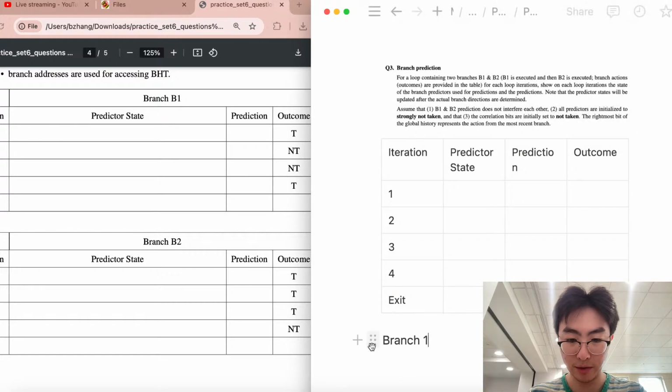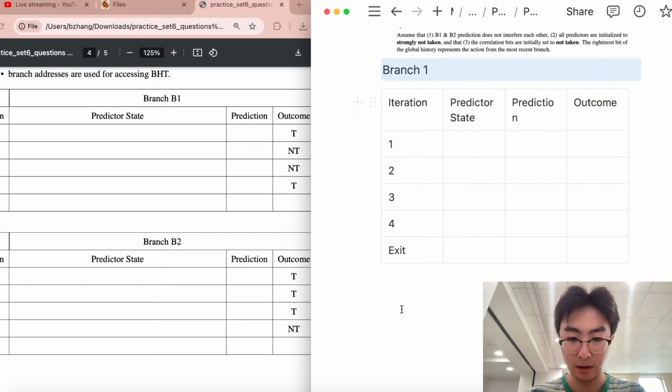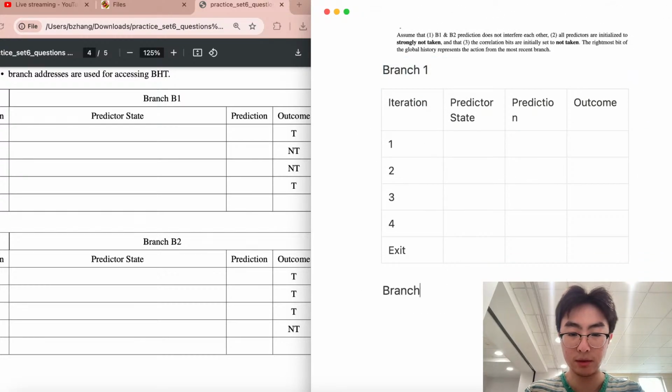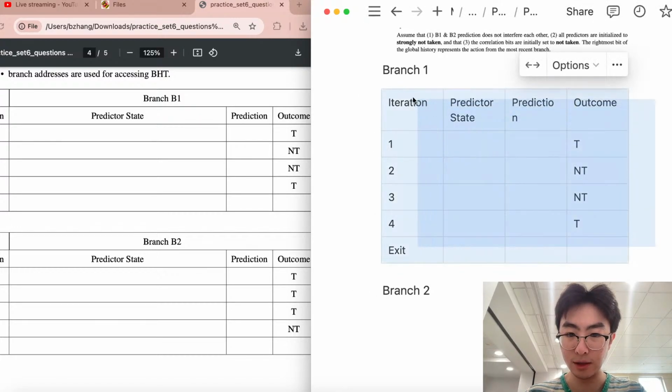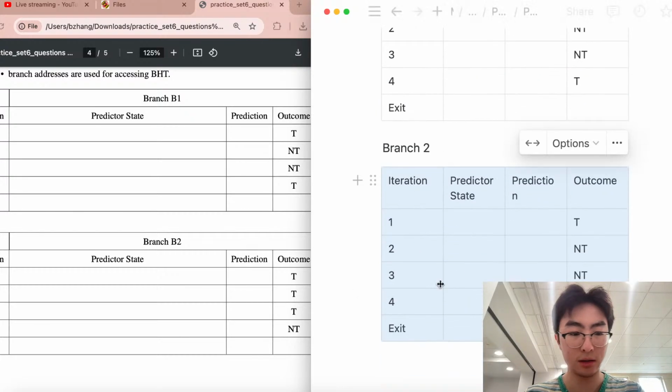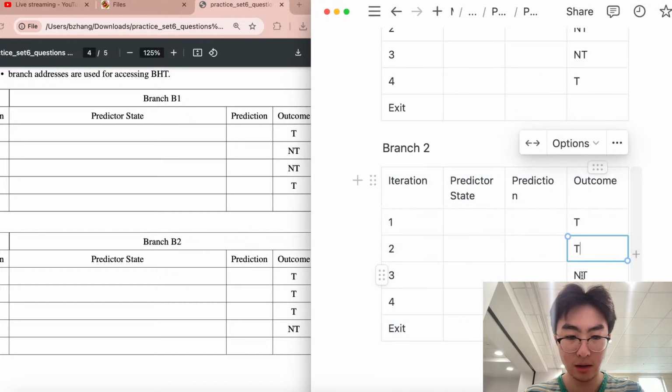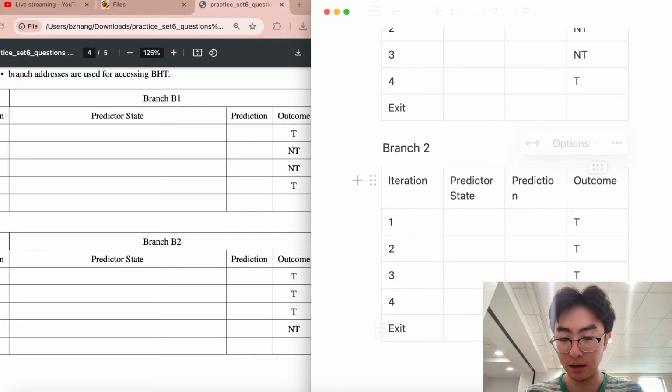So we need one for branch 1 and the other for branch 2. T, okay. So that's actually good. Branch 2, so this is taken, and then not taken. All right.